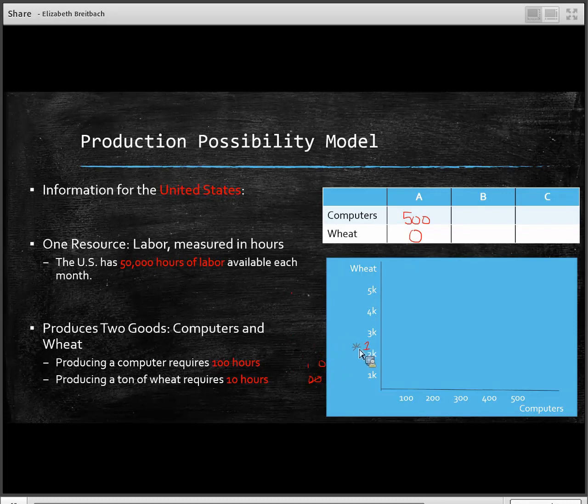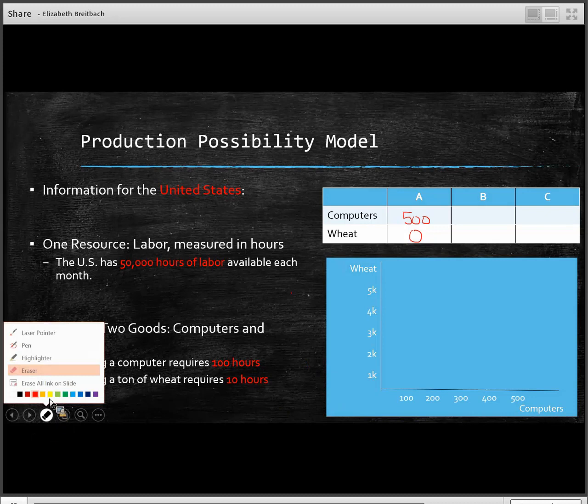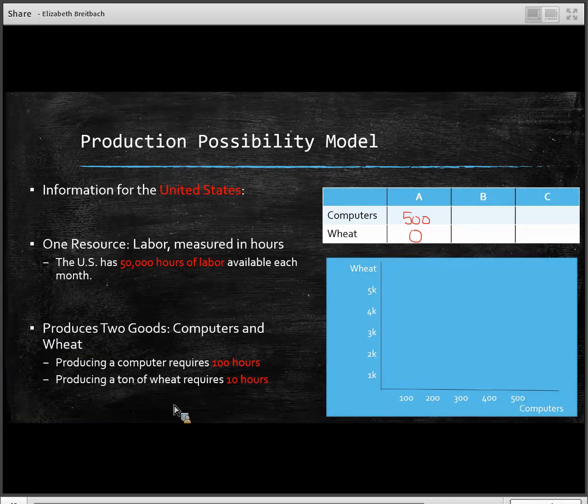All right, what about if I spend all of my time producing wheat? So now let's go to the other end. I'm not spending any time producing computers. I only want to produce wheat. And so I'm going to take my total number of labor hours, that's 50,000 hours, and divide it by the amount of time it takes to produce 1 ton of wheat, which is 10 in this case. And so to get that, I can get rid of my zeros there.